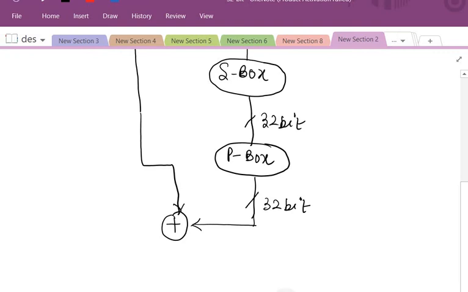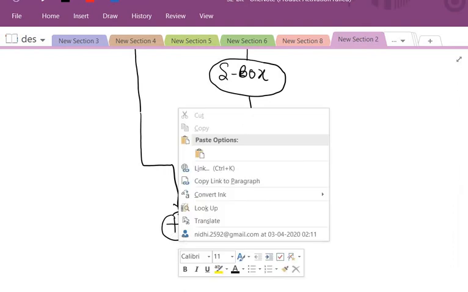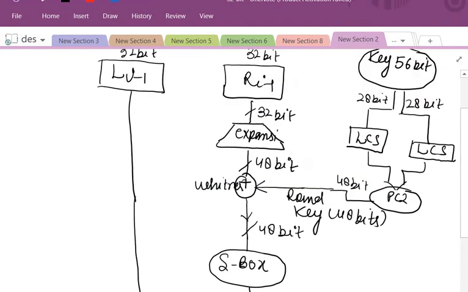So after getting XORed, we have to perform the swapping. In terms of swapping, what will we do?